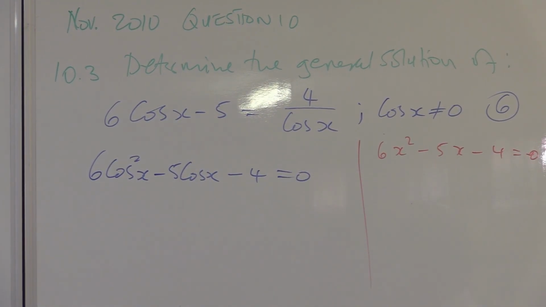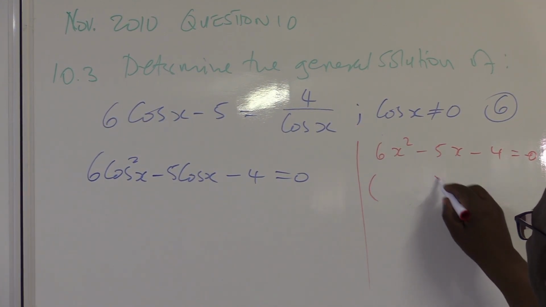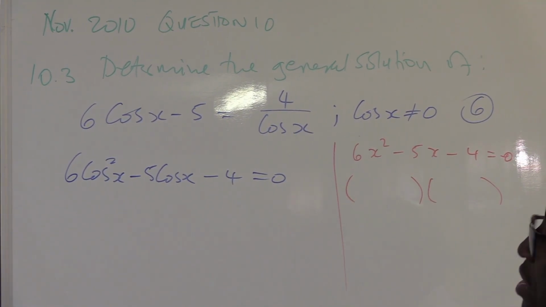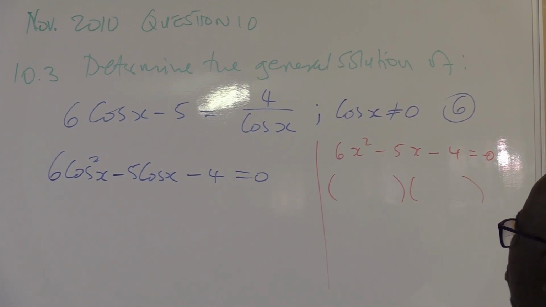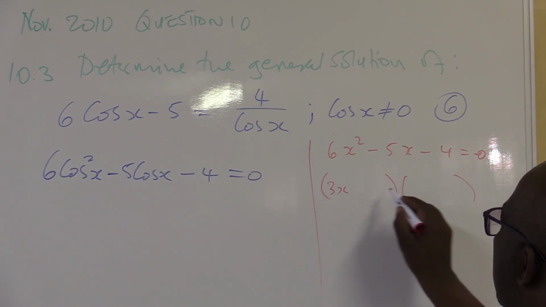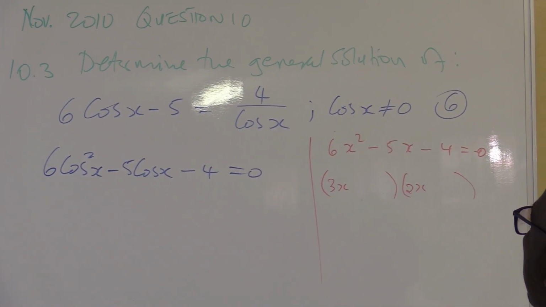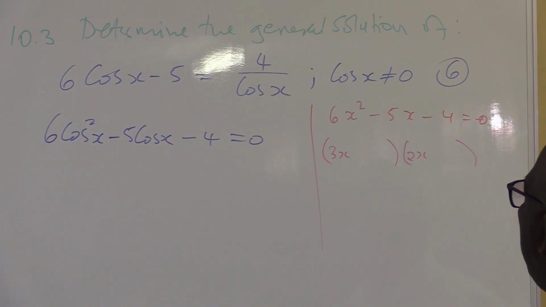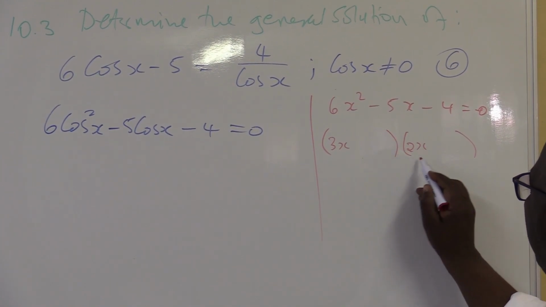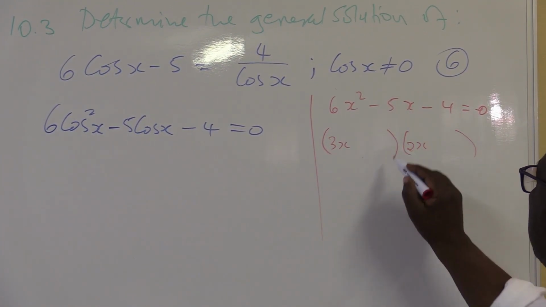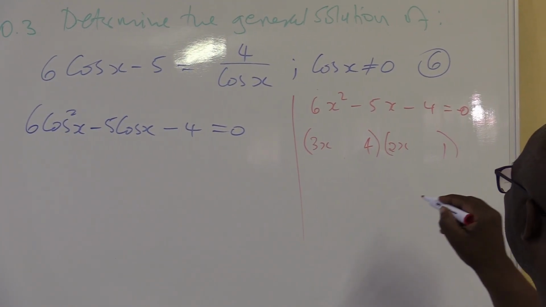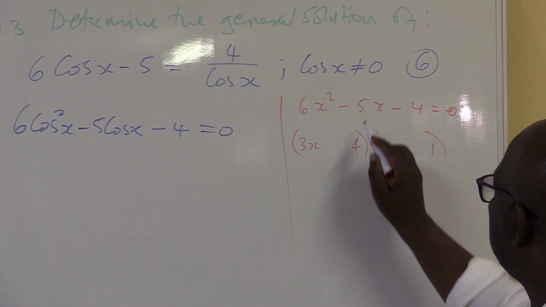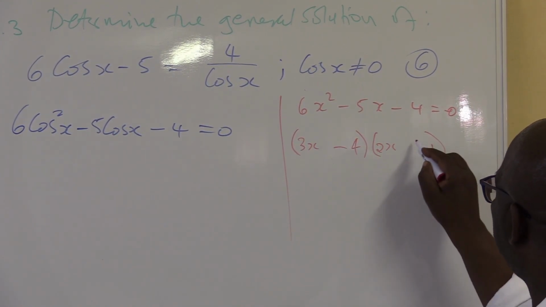How do I factorize this? I open two sets of brackets. Factors of 6 can be 6 and 1, or 3 and 2. Let me start with 3x and 2x. Factors of 4, together with these, must give me 5. If I have 4 here, I will have 8, and 3, yes, that one will work, 4 and 1. The 4 must be negative, and the 3 must be positive.